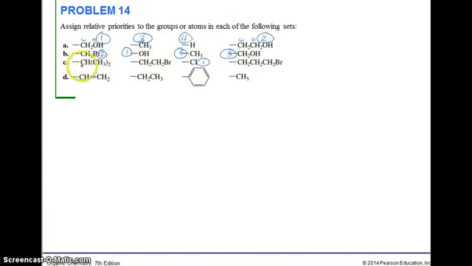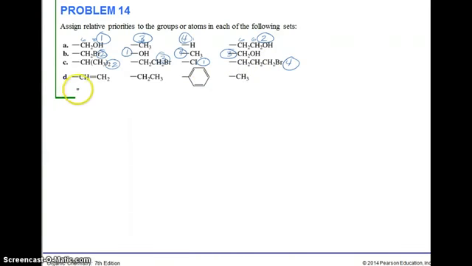Because this group is a carbon that is attached to 1 hydrogen and 2 methyls, this is going to have the next priority, because this carbon is attached to 2 hydrogens and 1 carbon. This is also attached to 2 hydrogens and 1 carbon. So then we move over again and we get to bromine. So this has the third priority and this has the last priority.